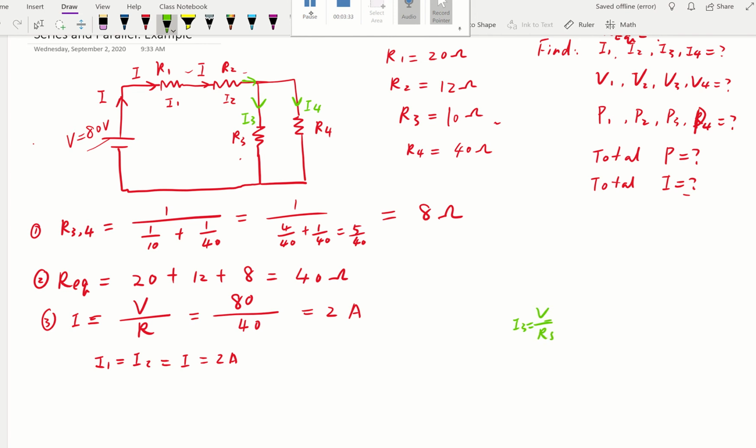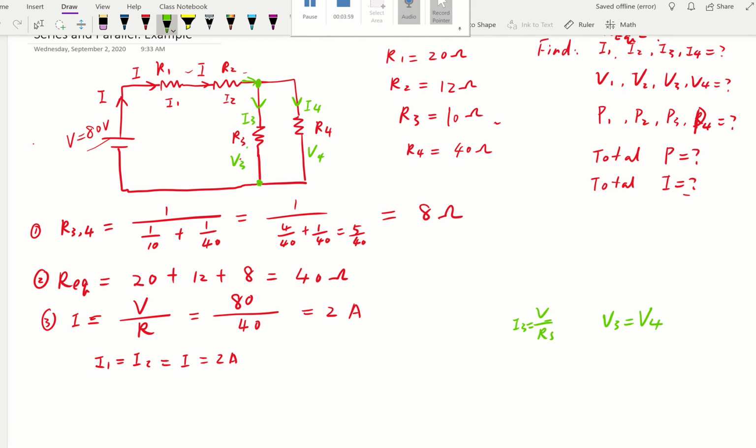But do we know V3? We do not. We do not know V4, even though we know V3 and V4 are equal. Why are they equal? They're in parallel, right? So they're going through the same node. That's the characteristic of a parallel circuit: the voltage across those components is the same.